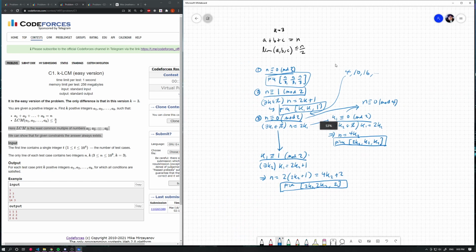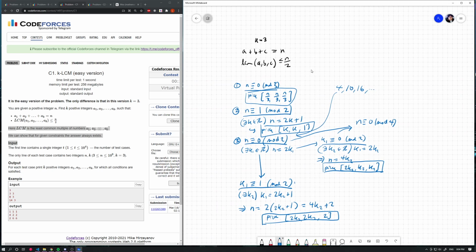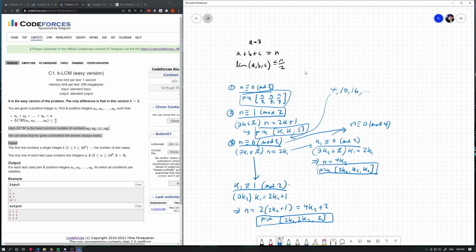And so I just want to talk about C2 real quick because it's very related. I actually didn't come up with this myself. I read it in the solutions, and I was mad at myself for not seeing this.